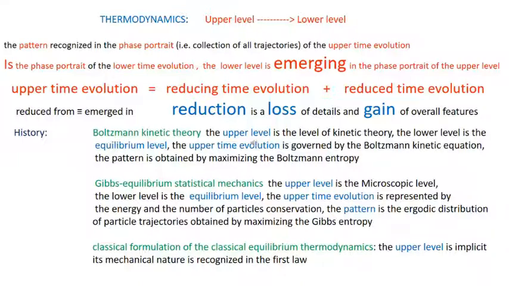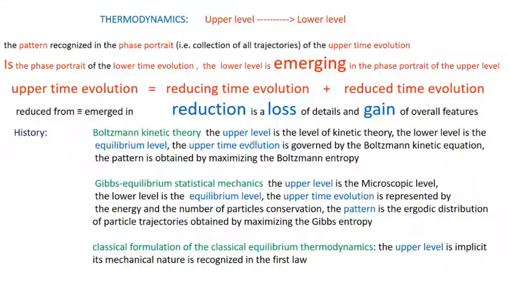In this passage, the details are lost, but the overall features are emerging. There is a gain involved. The time evolution on the upper level is, in this passage, split into the reducing time evolution, which we can also call the emerging time evolution, and the time evolution on the lower level.